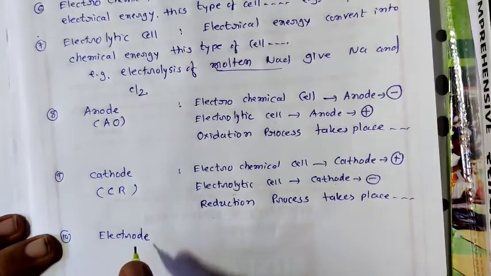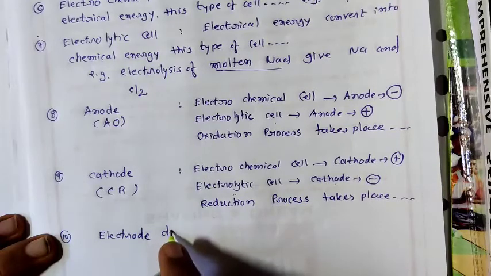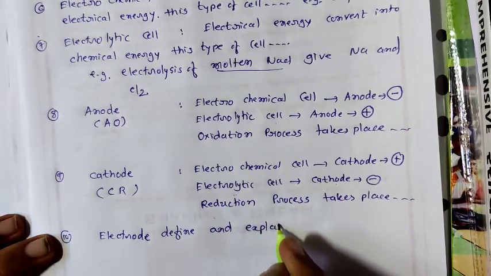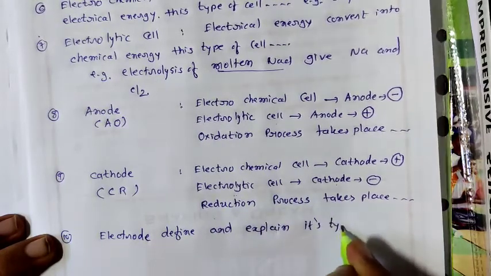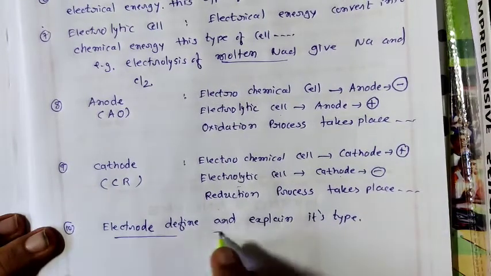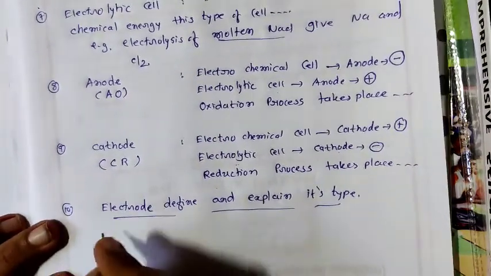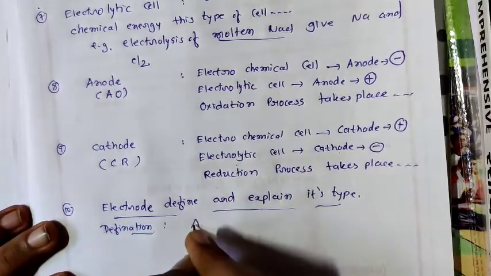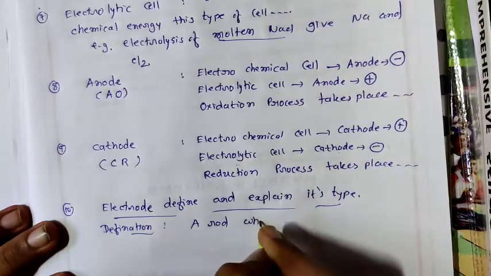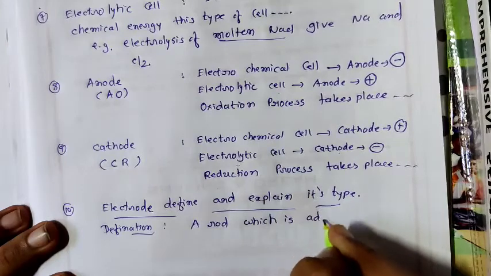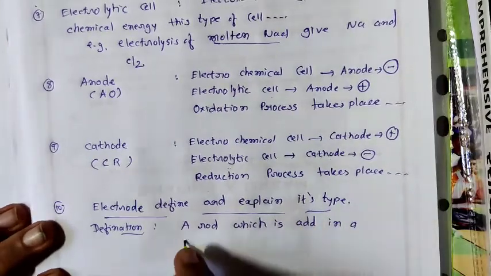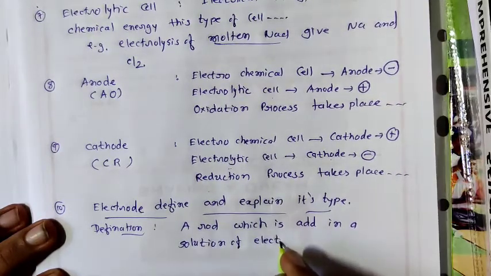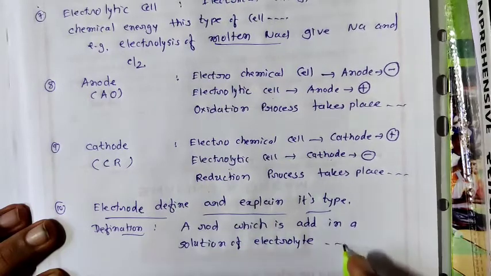Both are electrodes. So now we will explain what an electrode is and explain its types. What is an electrode? Just see, the definition is here. A rod which is added in a solution of electrolyte is known as an electrode.